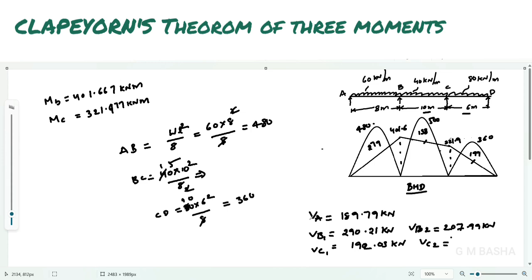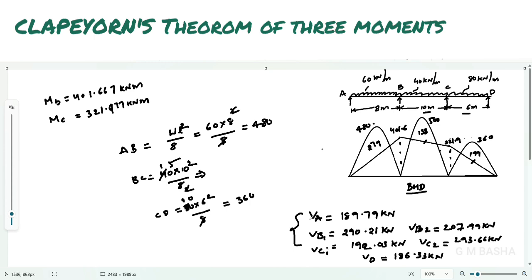VC2 equal to 293.66 kilonewton, and VD will be equal to 186.33 kilonewton. So these are the vertical reactions for the supports VA, VB, VC and VD. If you want VB directly, you can add VB1 plus VB2.